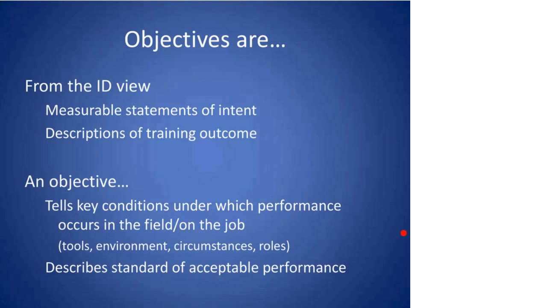So from the ID point of view, objectives are measurable statements of intent and also describe what the outcome of the training will be. Putting that all together, an objective tells the conditions that are imperative for the performance to occur when the student is finally using it post training.